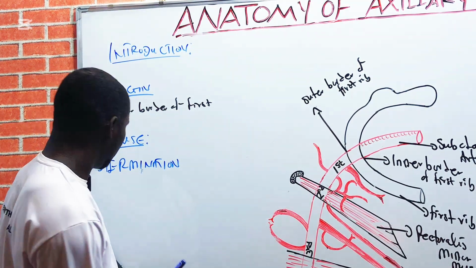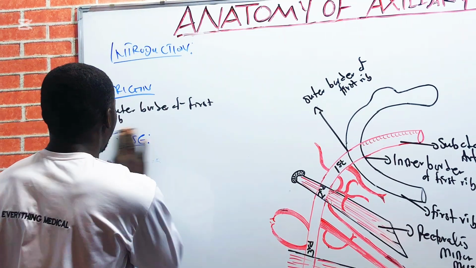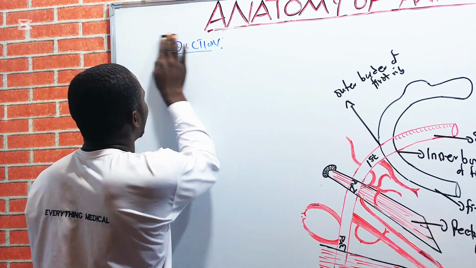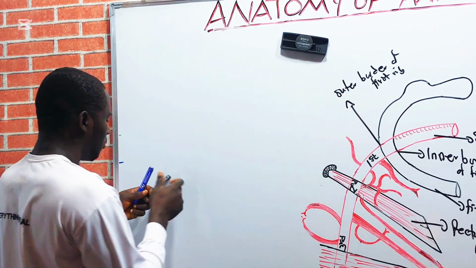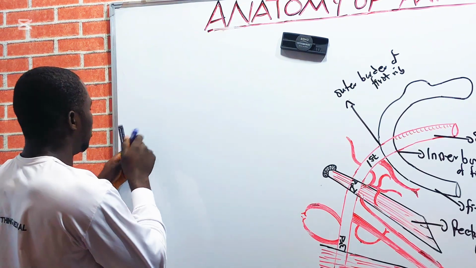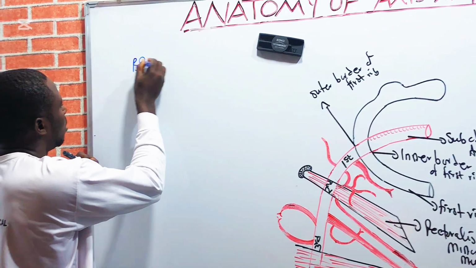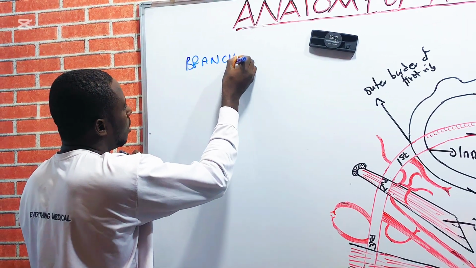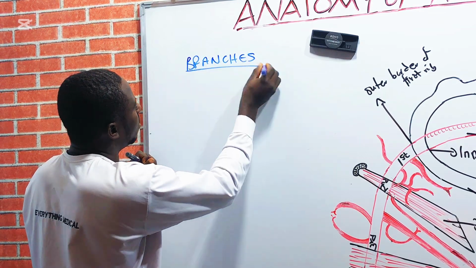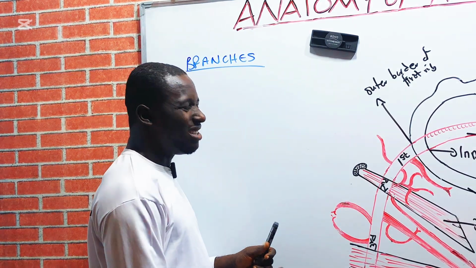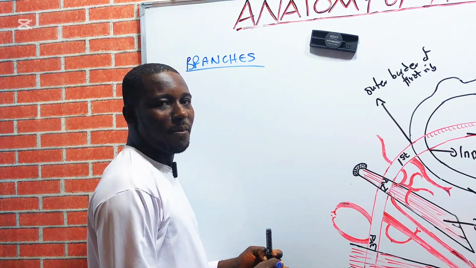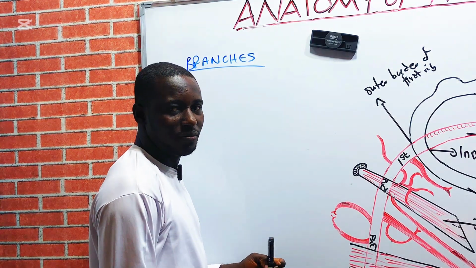The branches. The pectoralis minor muscle divides the axillary artery into three parts.